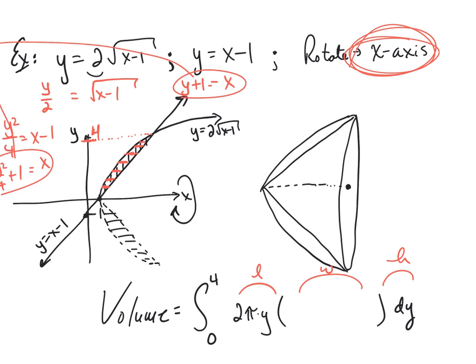Right here, we have a straight line on one side, and we have a curve on the other side. So the widths are going to be side-to-side measures in between two curves. Side-to-side, left and right, in between two curves.